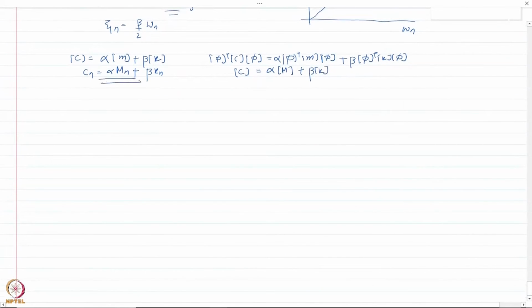So that's where I get this from, just considering the nth diagonal element.